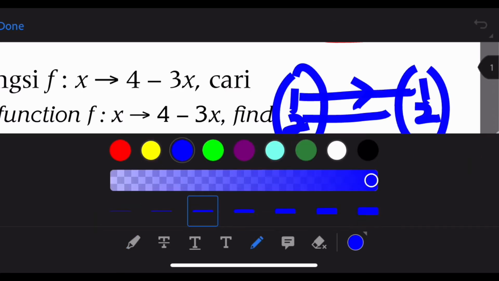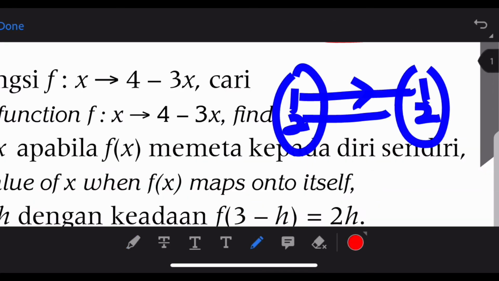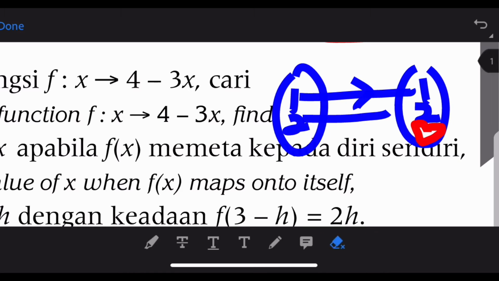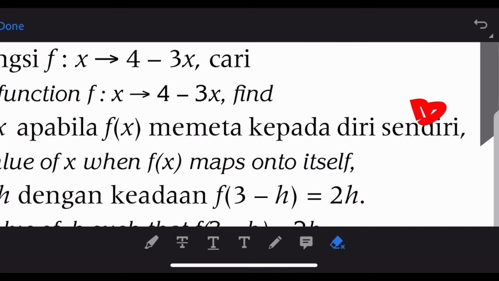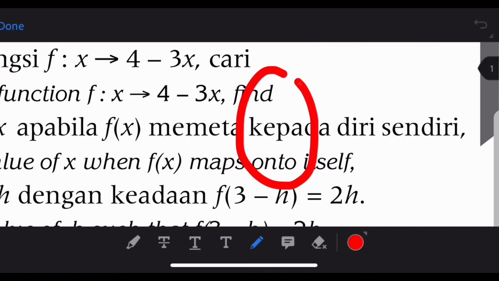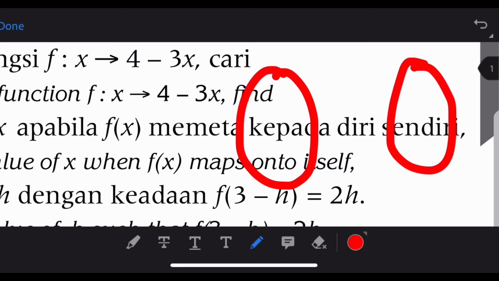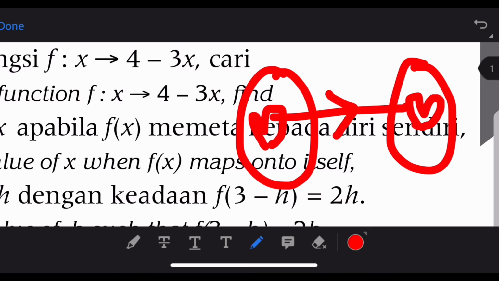That means it will remain unchanged. If this is the love shape, it will go to the love shape, unchanged. So the object and image will be the same. Whatever you have, love shape will go to love shape.